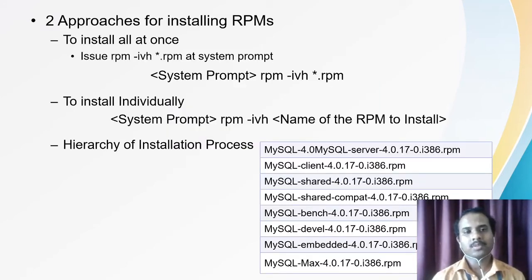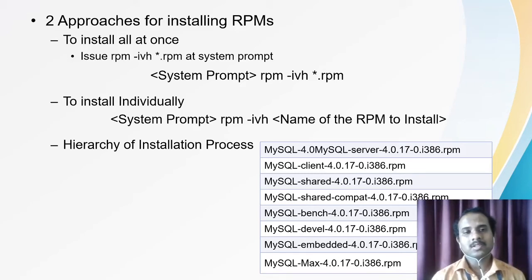There are two approaches to install the RPMs. In the first approach, you can install all the RPMs at once, or you can install the individual RPMs one at a time.